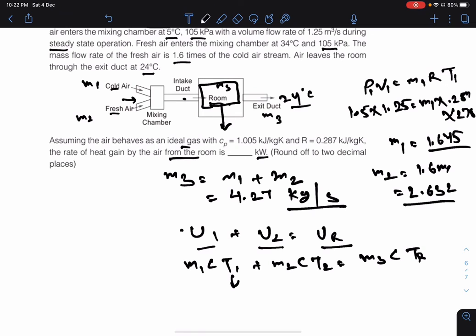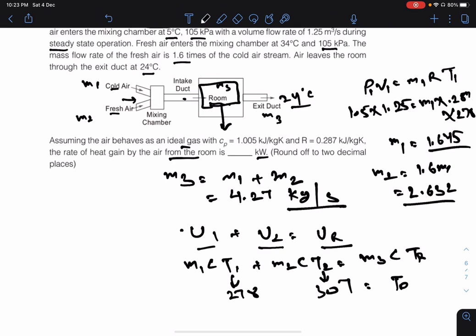So here temperature T1 is 278, and here temperature T2 is 273 plus 34, that is 307.